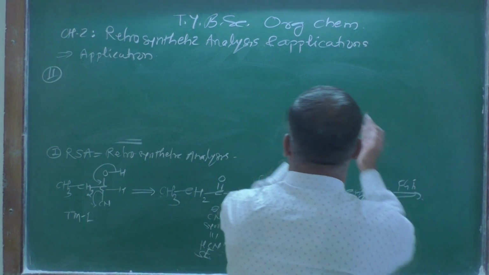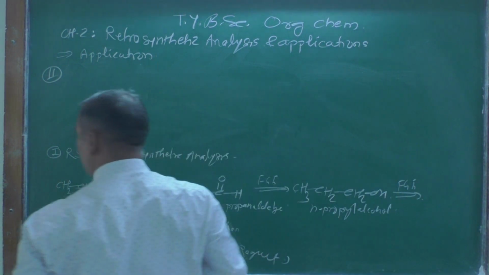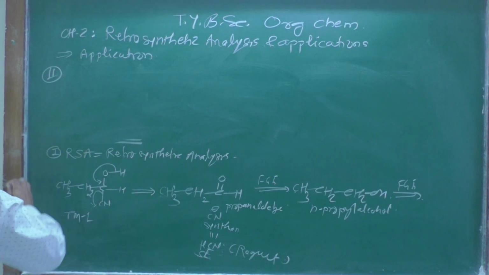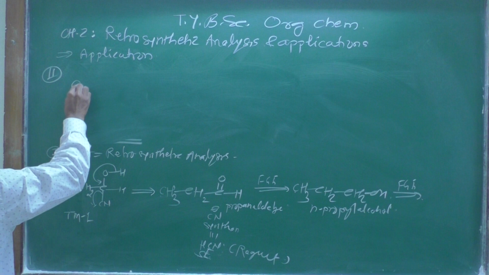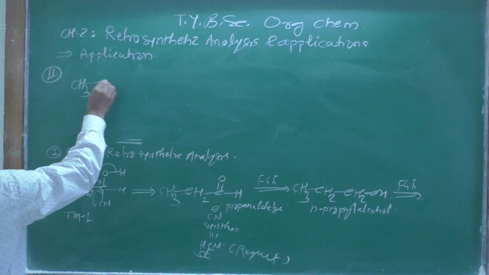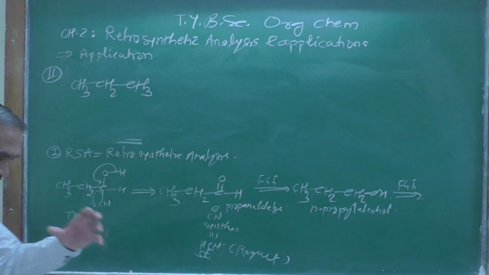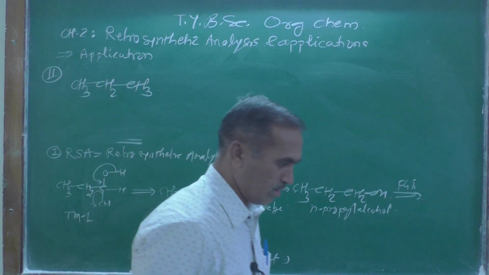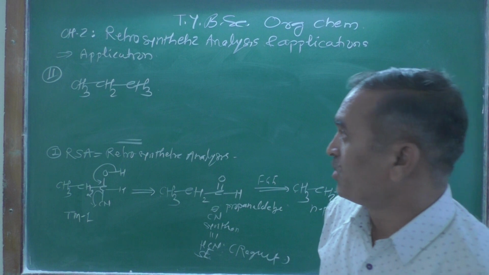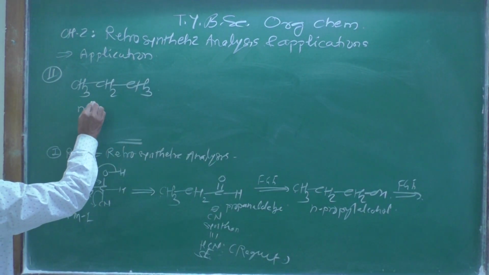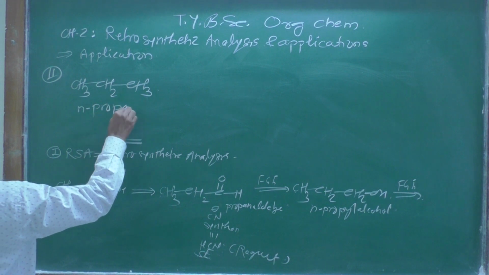Now I am going to start the synthesis from the starting material, the reactant. The starting material we got here is CH3CH2CH3, right? The name of this compound is N-propane.